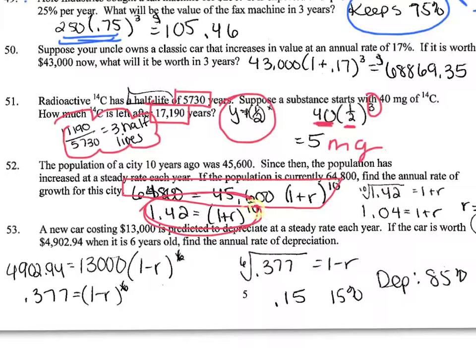To undo this 10th here, you need to do the 10th root. Let me get a different color. You need to do the 10th root of 1.42. So in your calculator, do 10th root of 1.42 or do 1.42 to the 1/10. Similarly on the next problem with the 6th root.